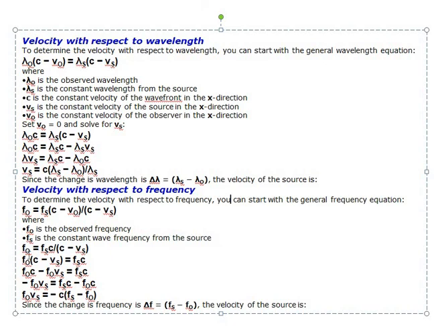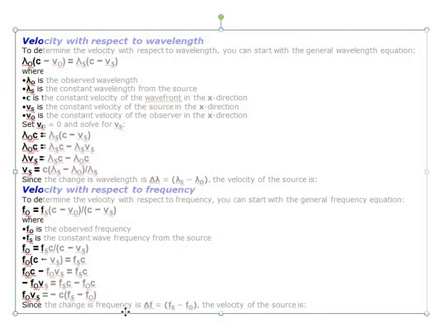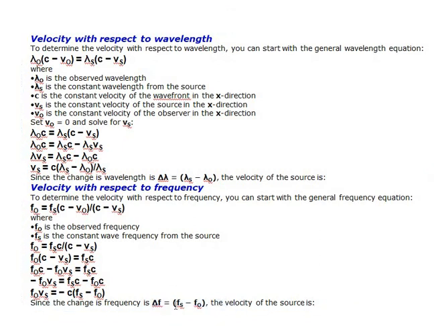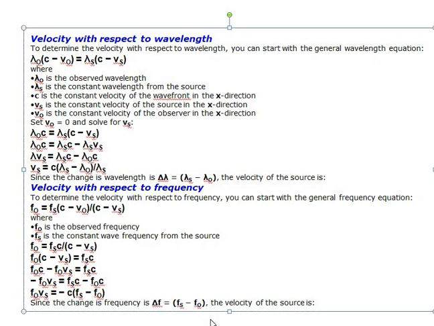Since the change of frequency is with respect to velocity, the change is equal to the change of source and observer. Then this is how we will get the velocity of the target.